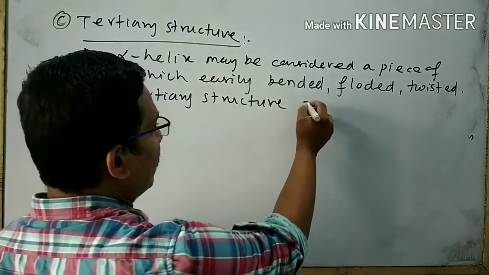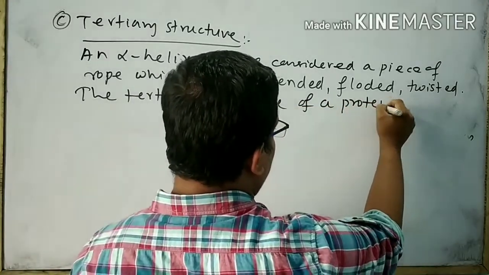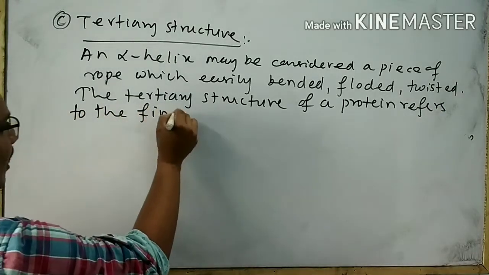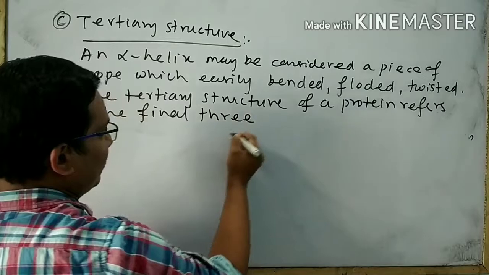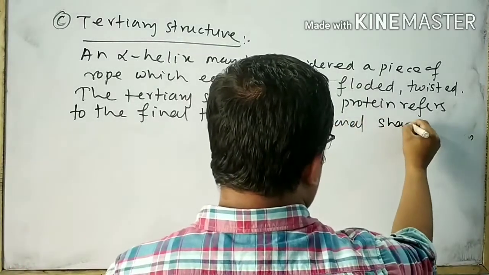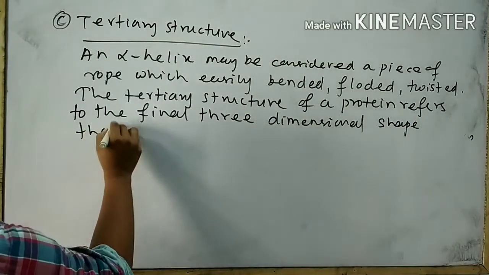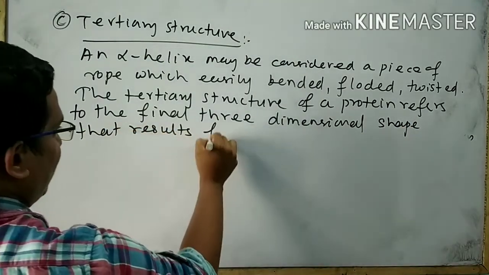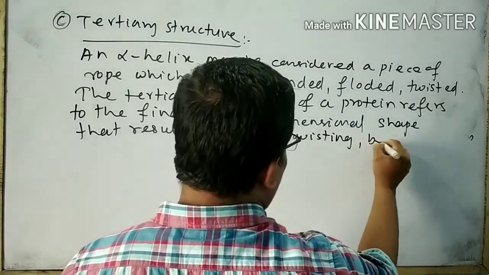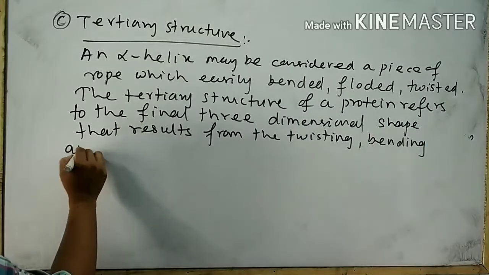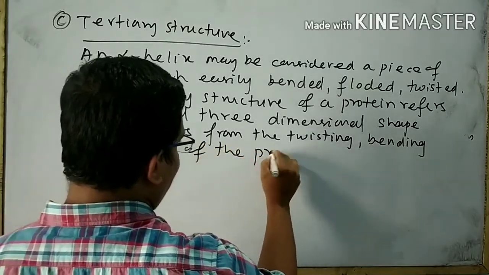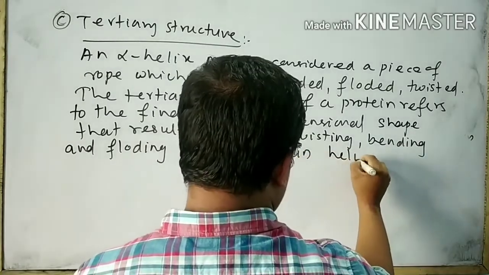of a protein refers to the final 3D, that is, three-dimensional shape that results from the twisting, bending and folding of the protein helix.